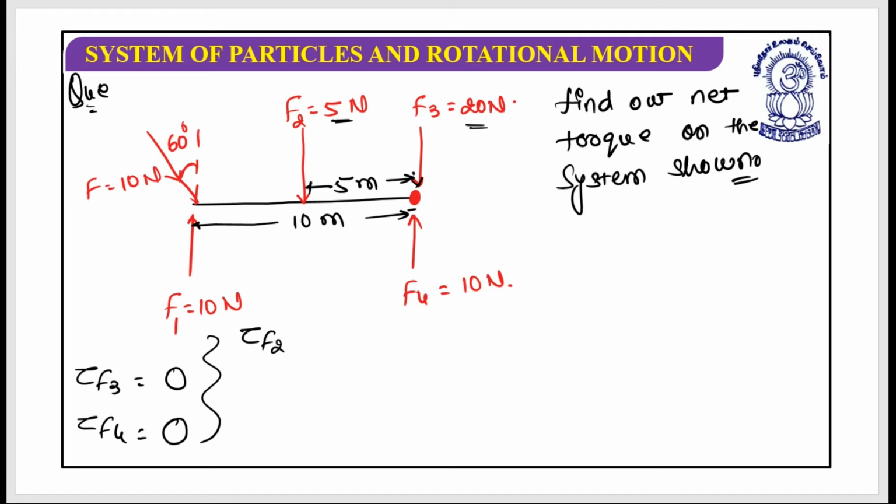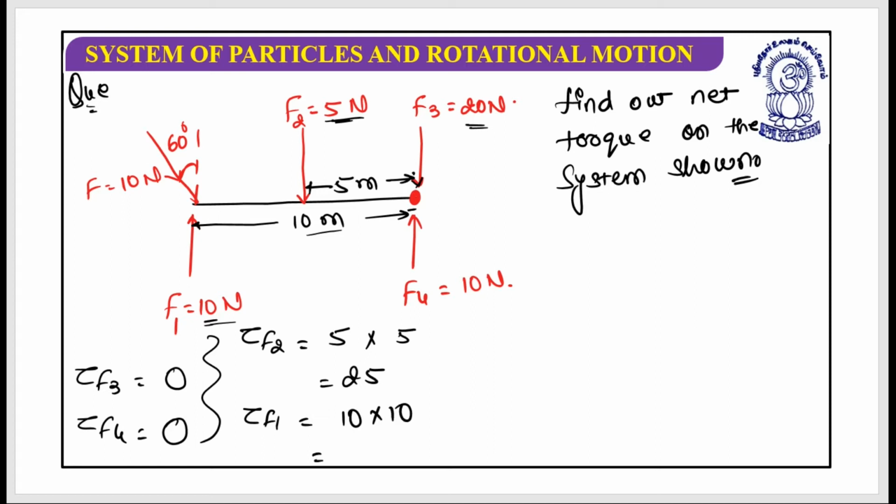It is force multiplied by perpendicular distance. So this is 5 Newton of force multiplied by a distance of 5 meter. This would be 25. We will talk about the direction at the last. Now what is torque due to F1? It's 10 Newton of force and 10 meter of displacement.